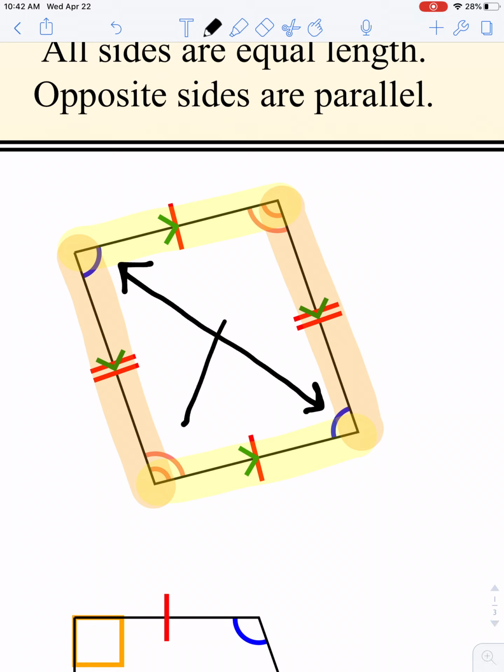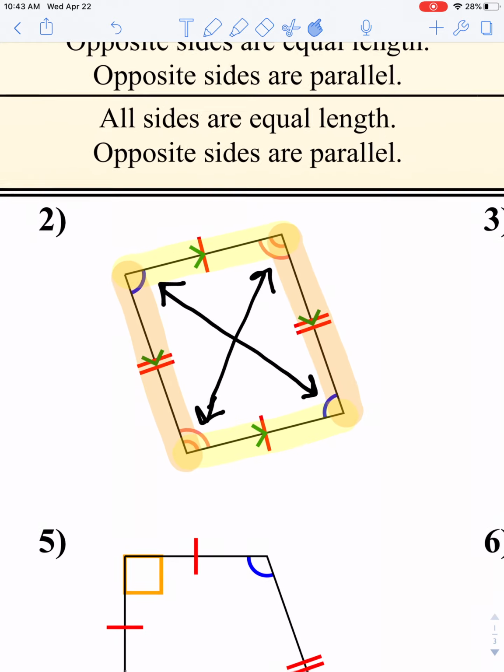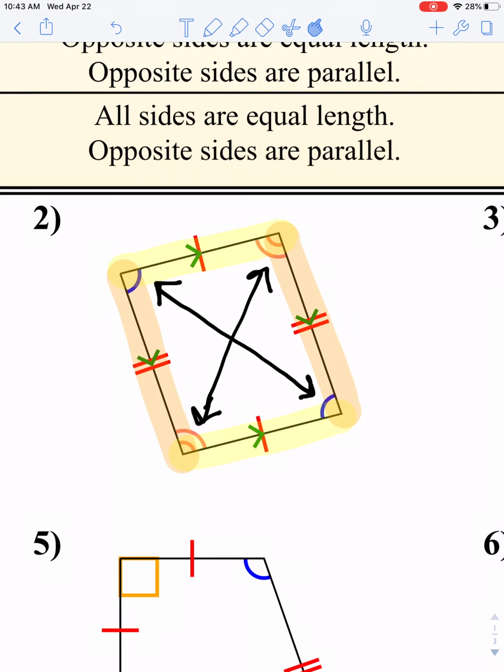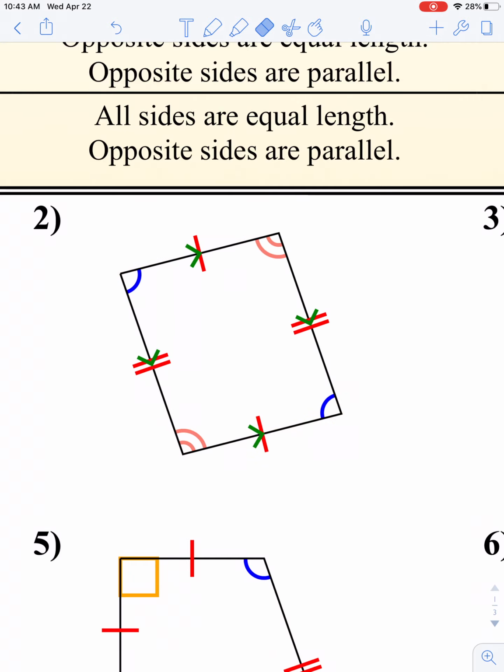Same thing with these angles. Since there are 2 red half moon shapes that are opposite to each other, that means that those angles are equal in measurement if we would use a protractor to measure them. So with that said, let's get started identifying and classifying these shapes.